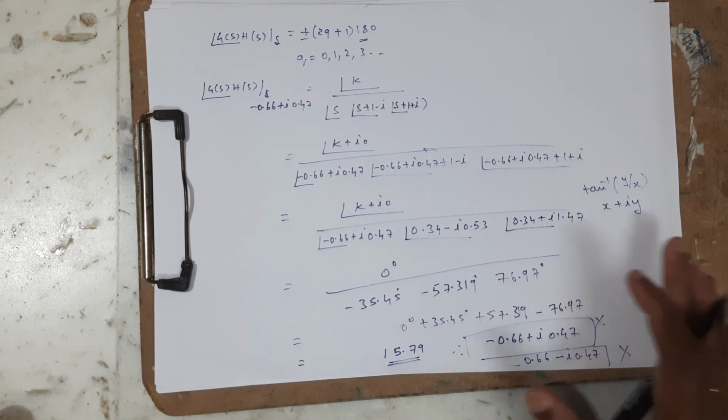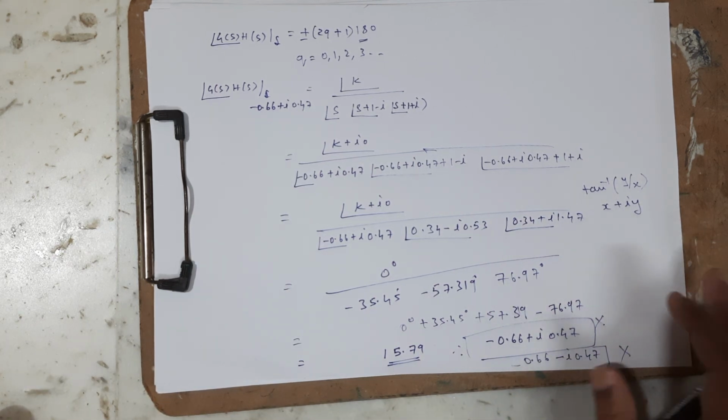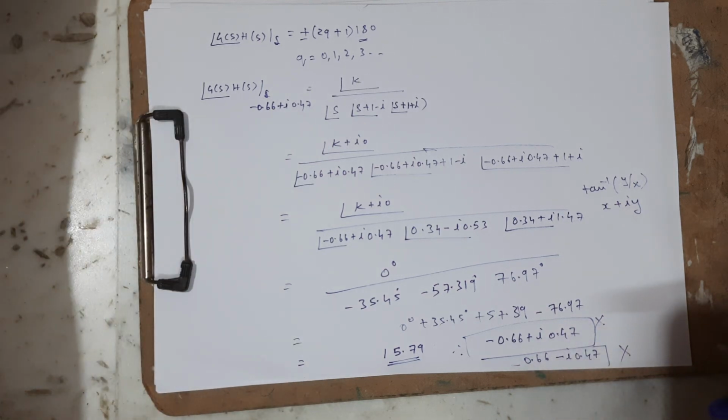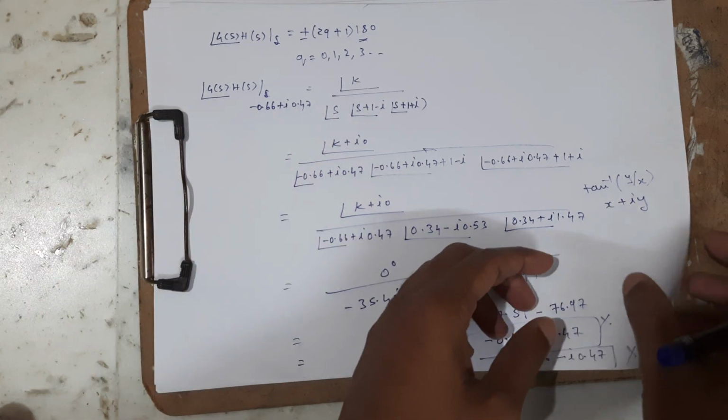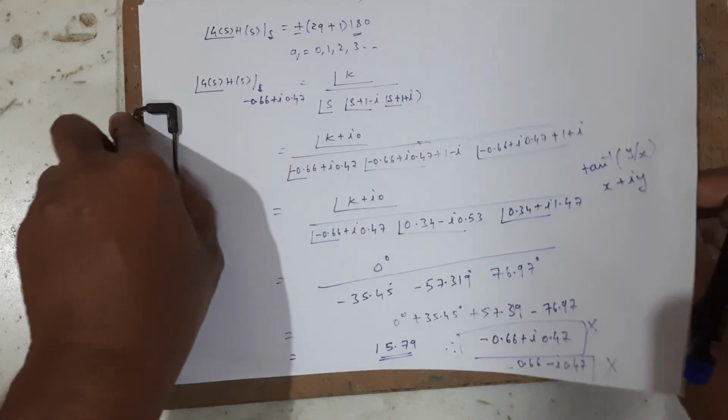So this is how we are going to check the angle condition. So in this problem we don't have any breakaway points, right? Okay. So step number 5 is over. We came to the conclusion that there is no valid breakaway point.